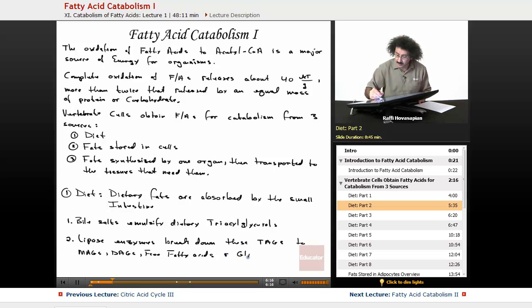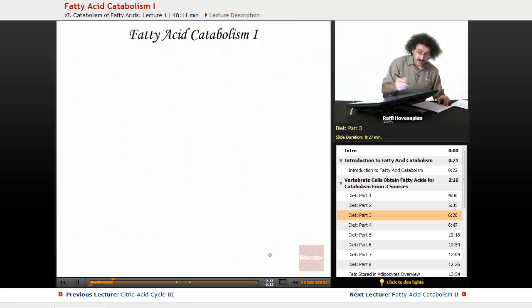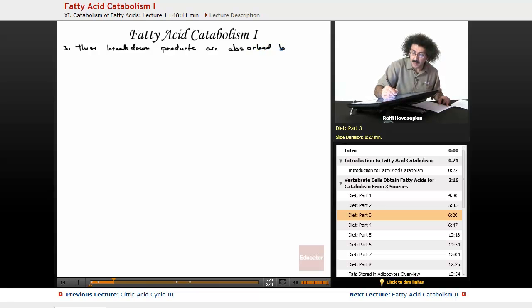And glycerol. Now, number 3, these breakdown products are what's actually absorbed by the intestine.